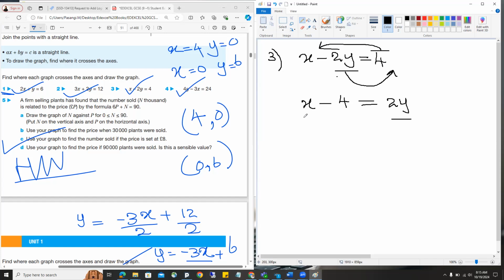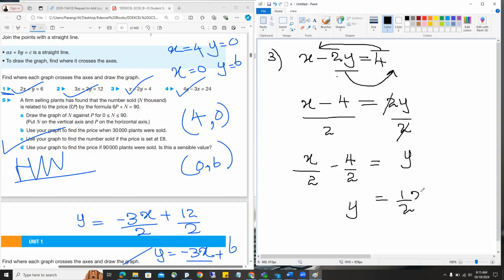Then to make y as the subject, we have to divide both sides by 2. So we have y is equals to x over 2 minus 4 over 2. So yes, that means y is equals to half x minus 2.